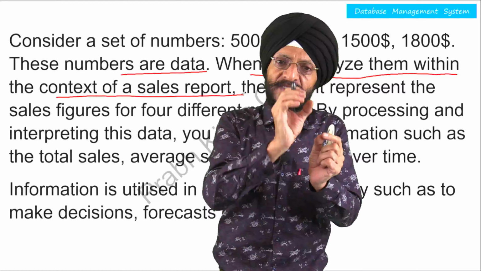The dictionary meaning of the word data is facts and statistics collected together for reference or analysis. Data alone has no certain meanings until and unless data is explained and interpreted. It is just a collection of texts, numbers, words, and symbols.